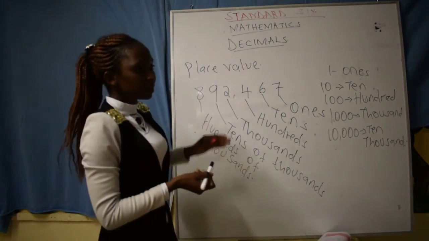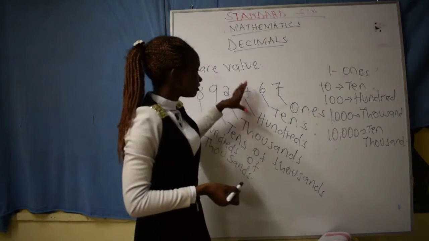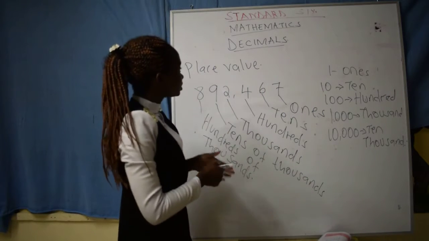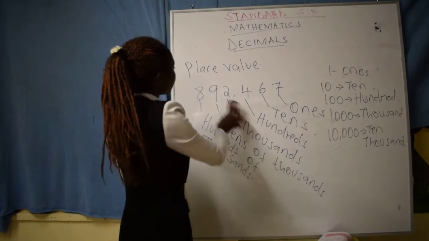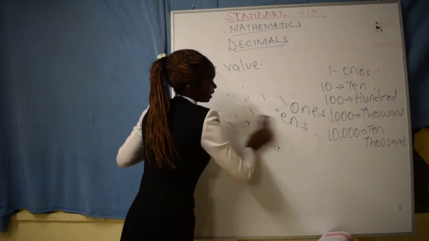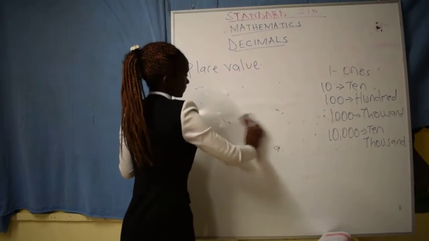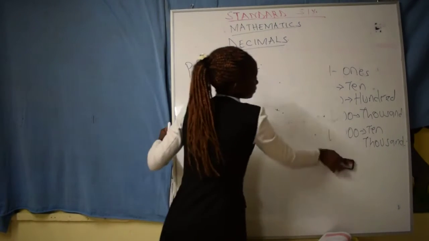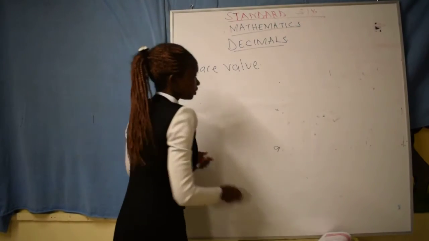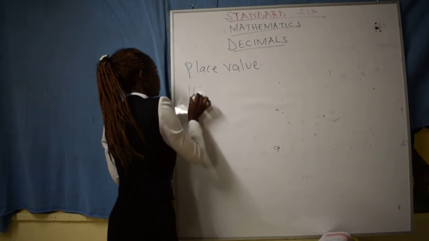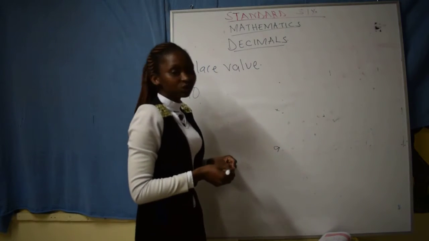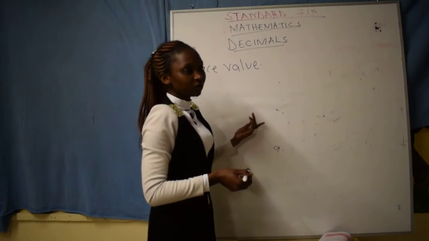So having remembered the place value of whole numbers, I wish that we start with the place value of decimals. And in decimals, we begin with 10, since we can't have a number with only one digit.